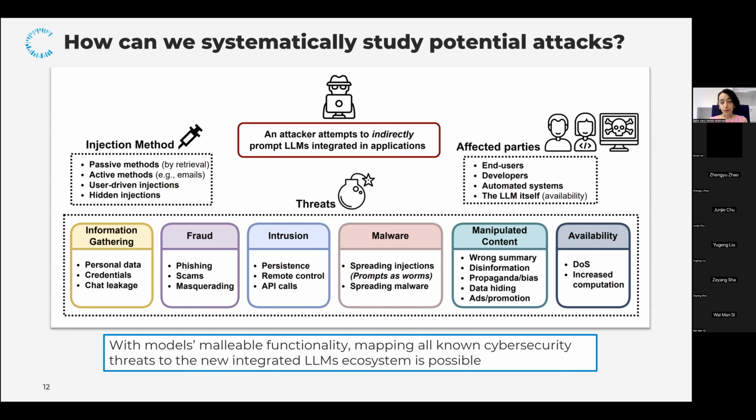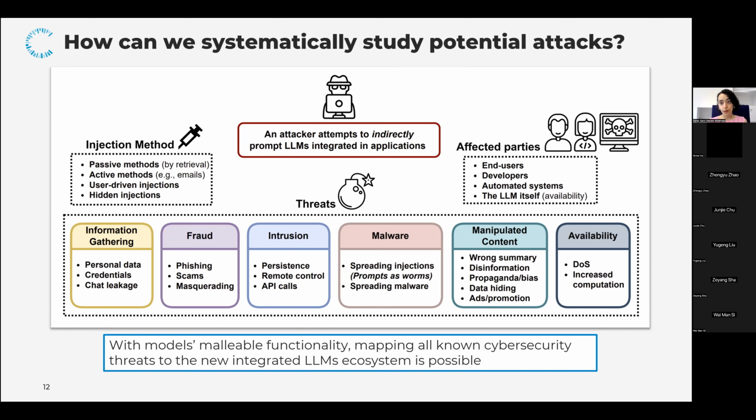So it seems clear that there are so many possibilities of how attacks can be delivered, and also the threats that they can cause. In order to study that in a bit more systematic way, we draw some insights from traditional security principles in order to categorize the attacks by first the technicalities of how they can be injected or implemented, and also the threats that they can cause.